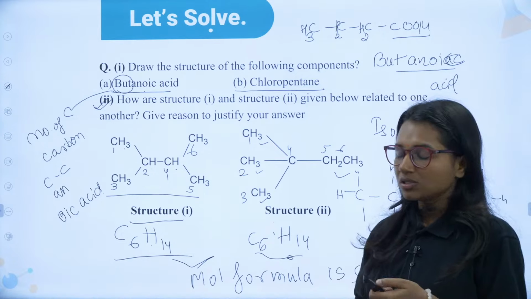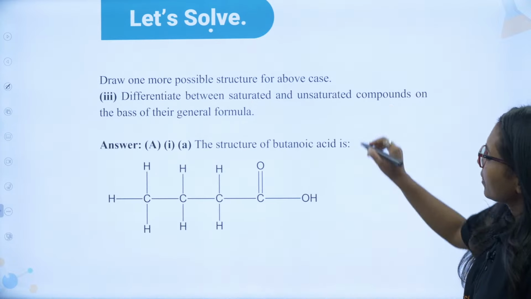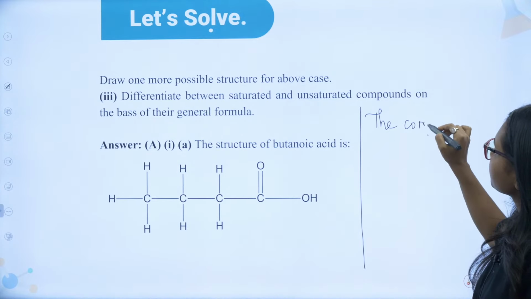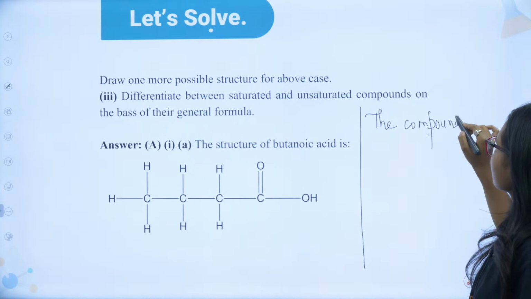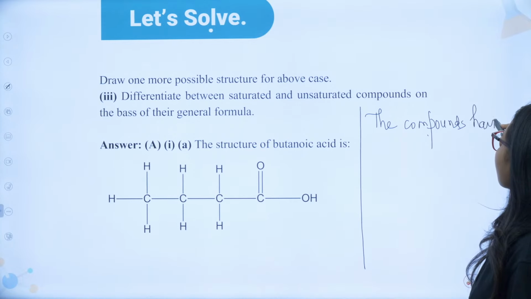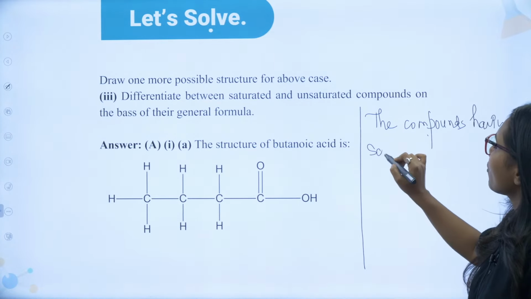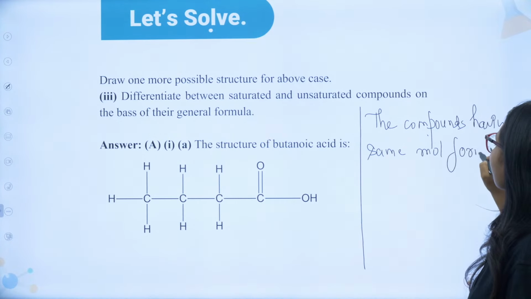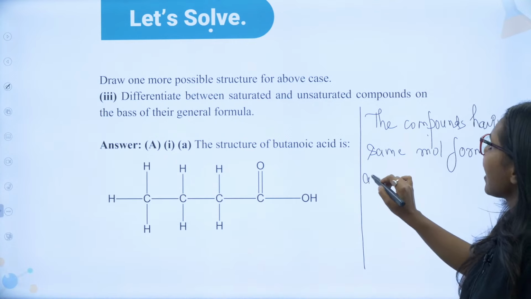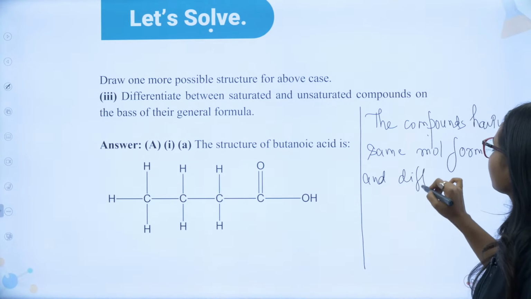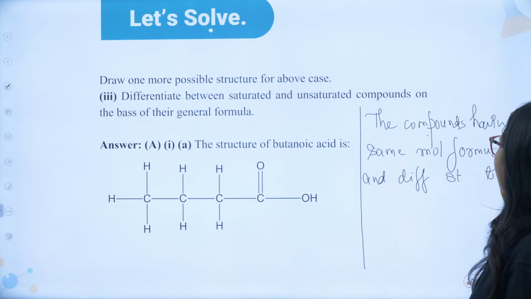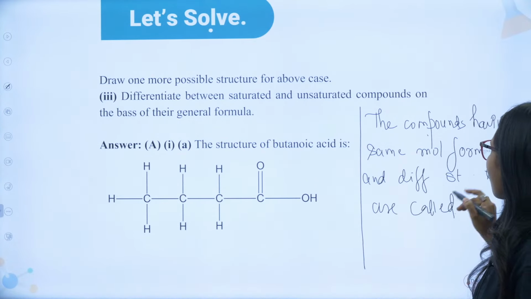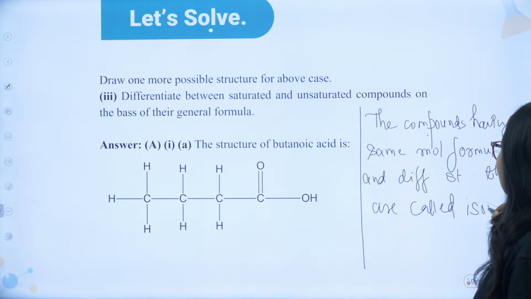So compounds having the same molecular formula and different structure are called isomers.